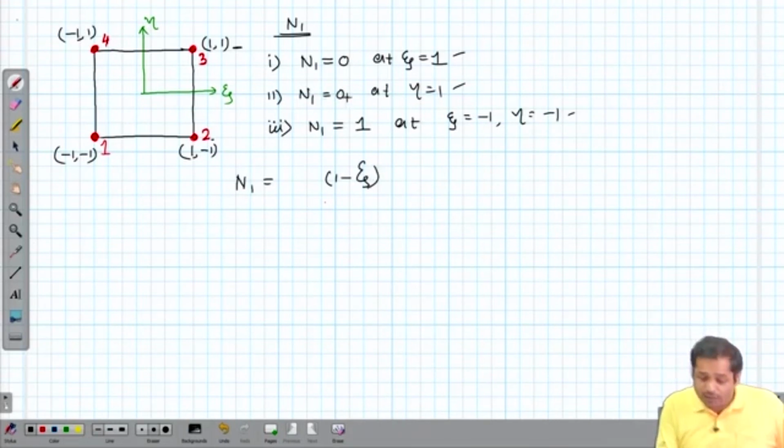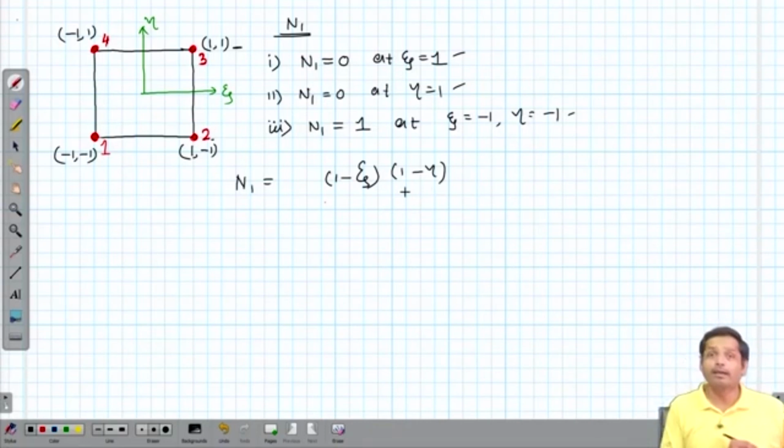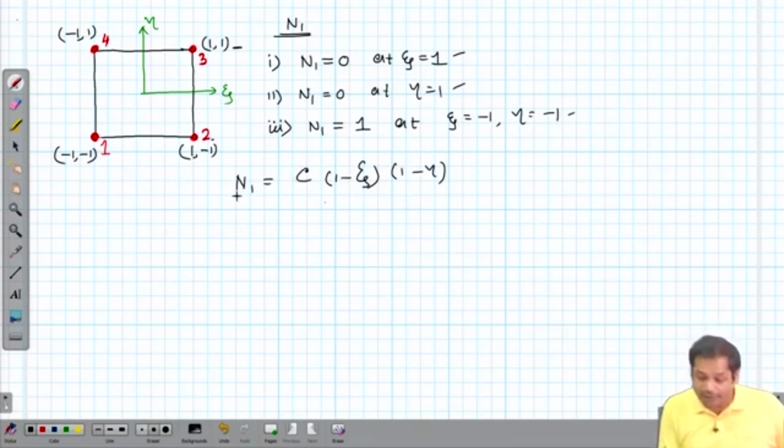Since N1 is equal to 0 at eta equal to 1, the expression of N1 must contain a (1 minus eta) term, and then some constant c. If we take an expression of N1 like this, you see this condition and this condition are satisfied. Only this condition needs to be satisfied now. We don't know the value of c. c will be determined so that this condition is also satisfied.